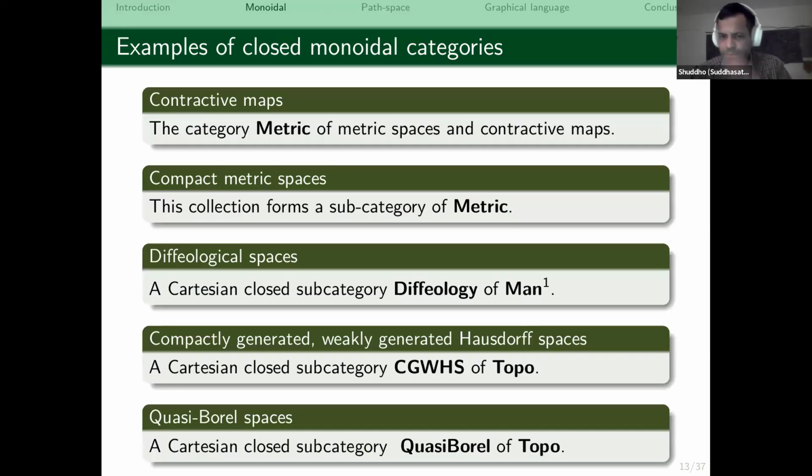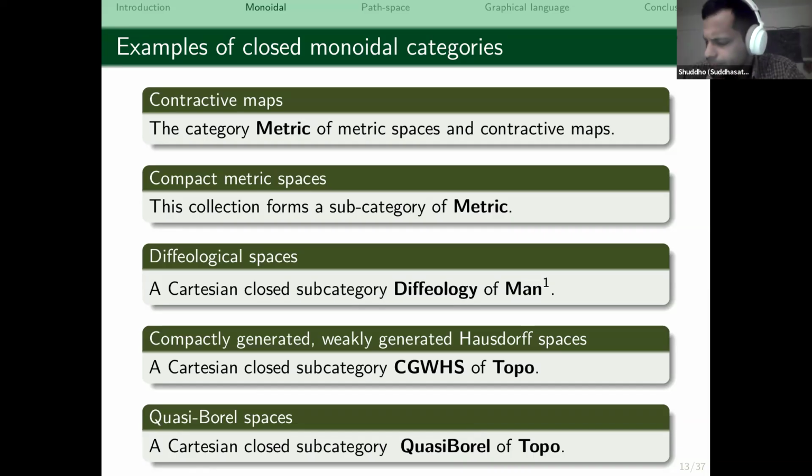So here are some examples. In particular, if we want to study topological dynamical systems, we have to make some adjustments to the category. It cannot be the entirety of all topological spaces, but something called compactly generated weakly Hausdorff spaces. Similarly, instead of all measurable spaces, we have to talk about quasi-Borel spaces.